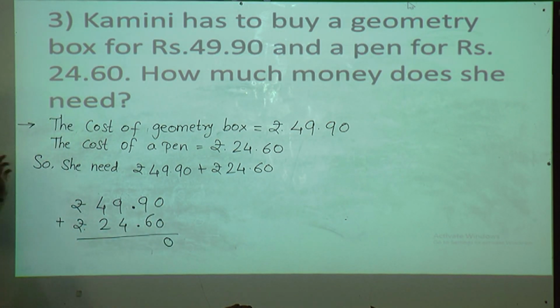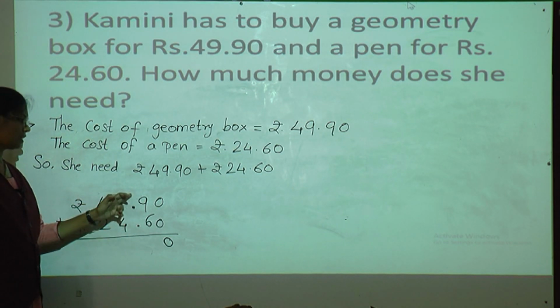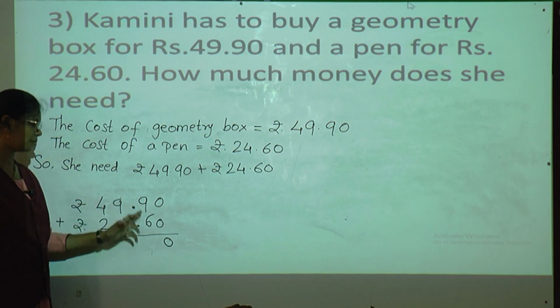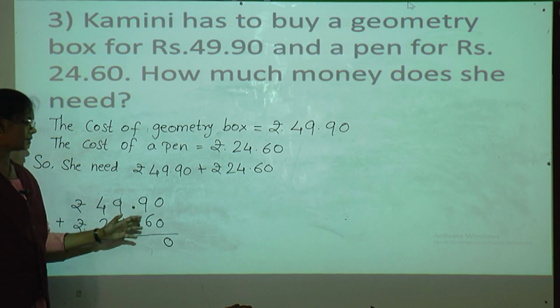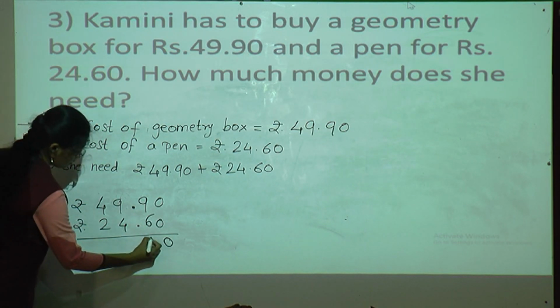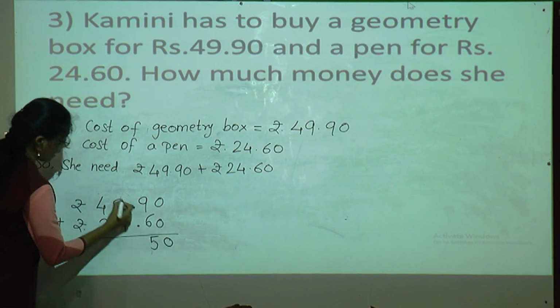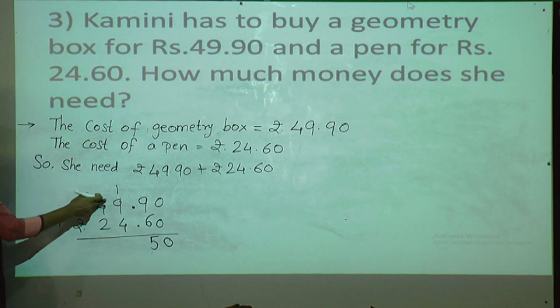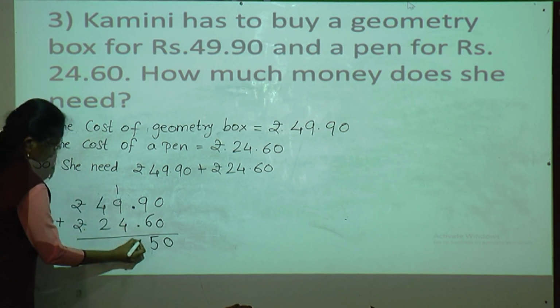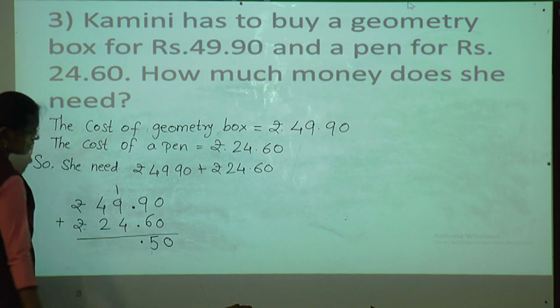Then see this column, here 9 is there, here 6 is there. So 9 plus 6, yes, after 9 you have to count 6 fingers. 9 plus 6, 15. So here we will write 5 and 1 as a carry to the next place. But before that, dots are there, so we have to give a dot in the answer also.